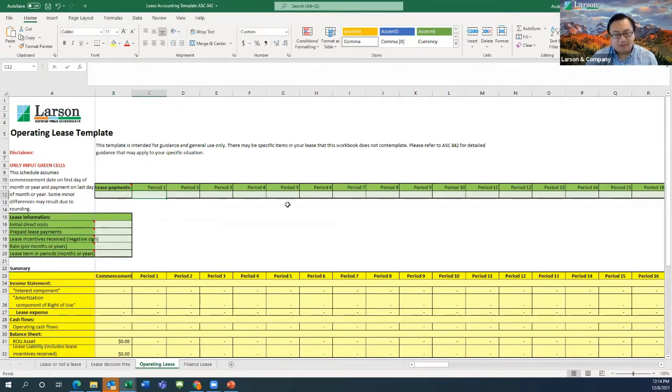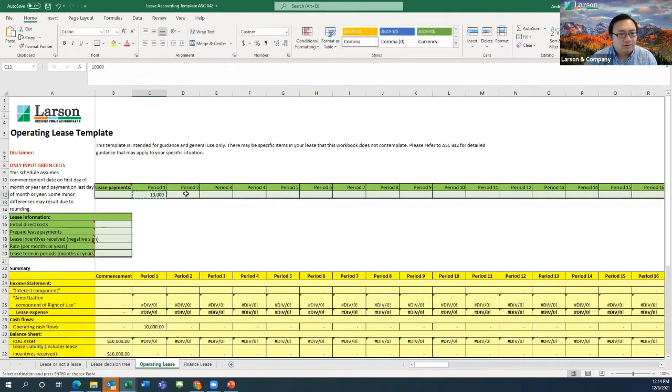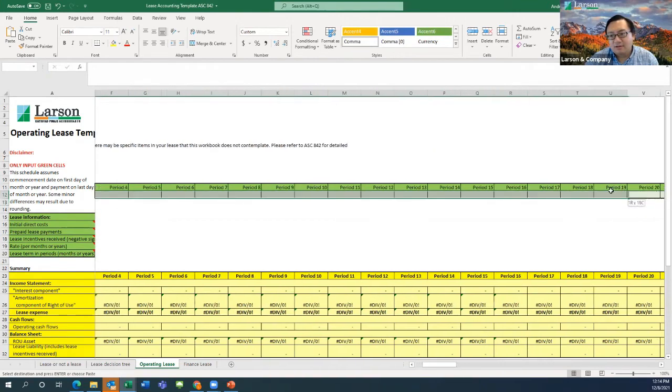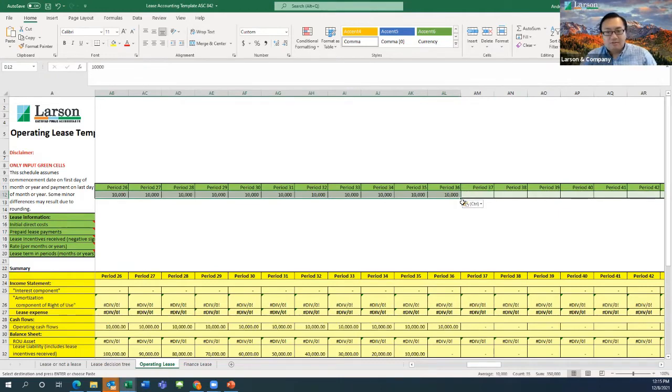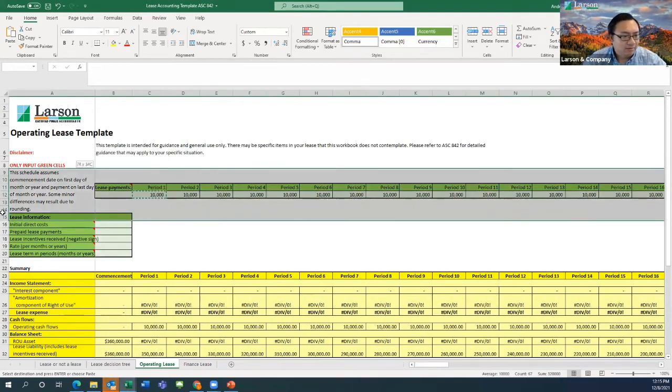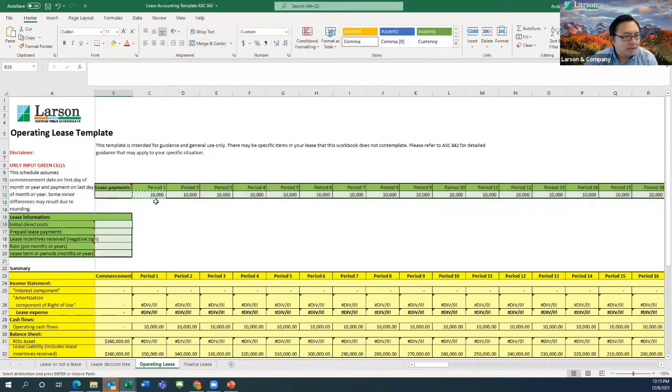We're going to put $10,000 over 3 years, which in this case I'm going to do monthly, so it's going to be 36 months. We knew there were not going to be any initial direct costs or prepaid lease, and we're going to use a discount or risk-free rate because we're a private company. And let's assume that the risk-free rate is 2.5%.